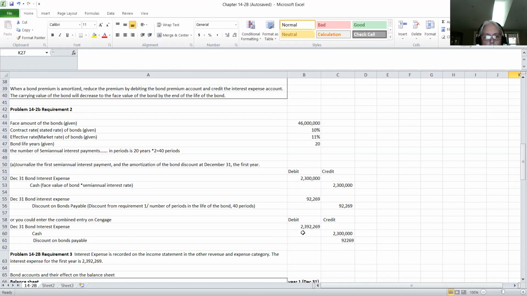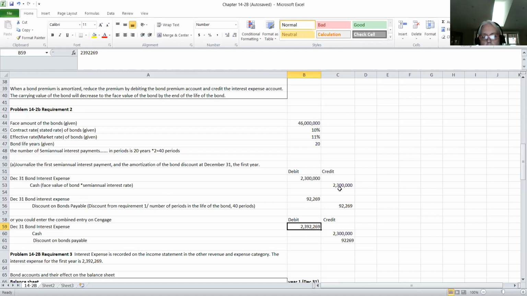The amount of bond interest expense is debited for the interest payment of $2,300,000, plus we debit it again because we're reducing the bond discount, but we're increasing our expense account. So these two are added together to get the total debit to the bond interest expense account. The expense account was debited twice, so we add them together to get the total amount of the debit.